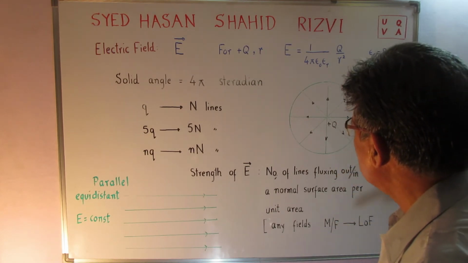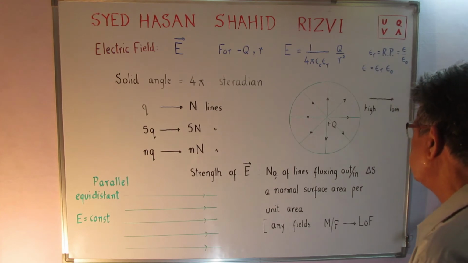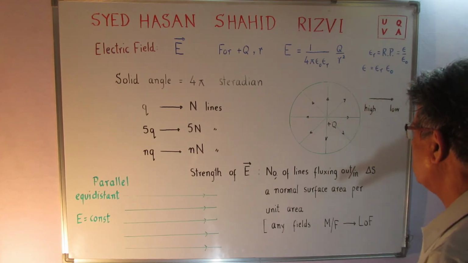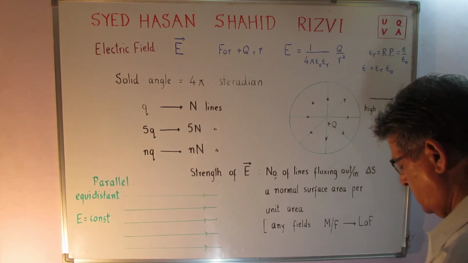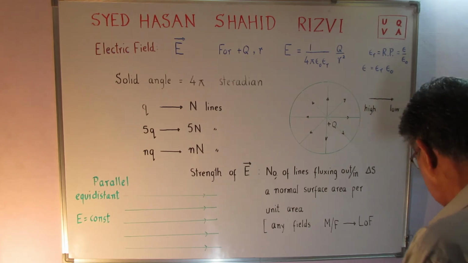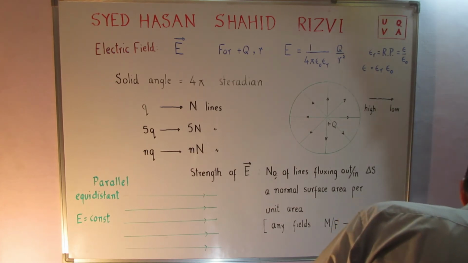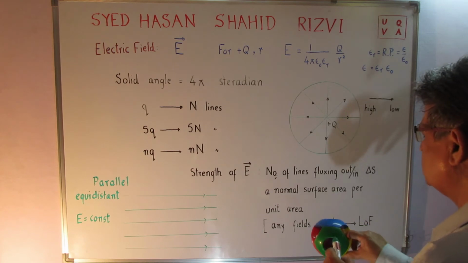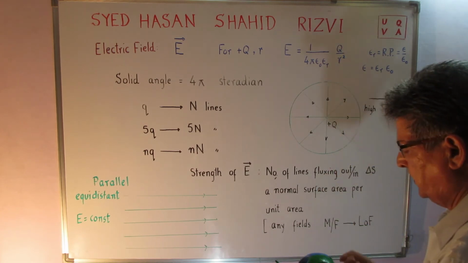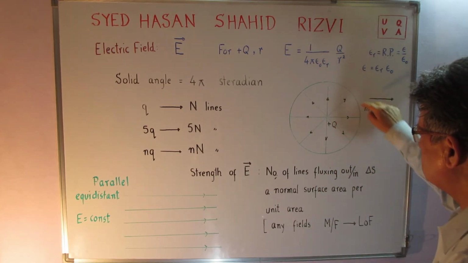So I've shown here, like in the other lecture, that we have lines of field which are in a situation like this. They are going in all possible directions and piercing through.